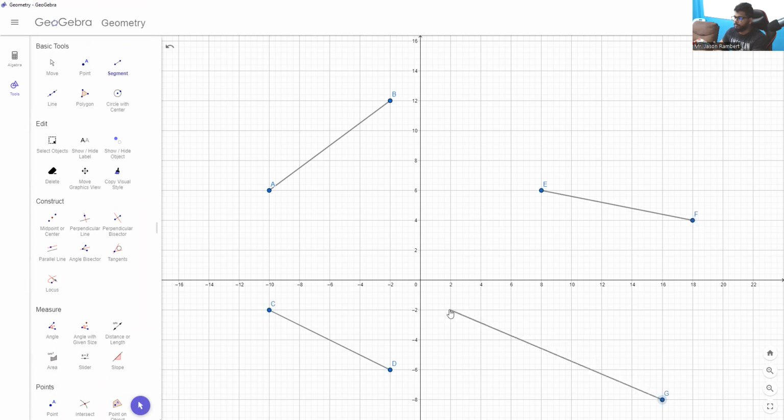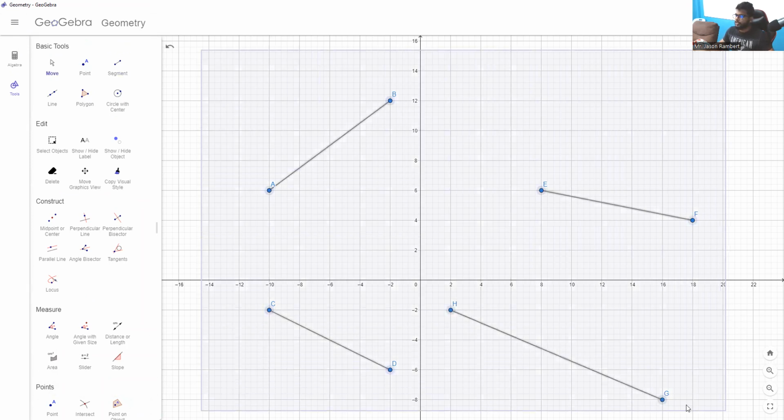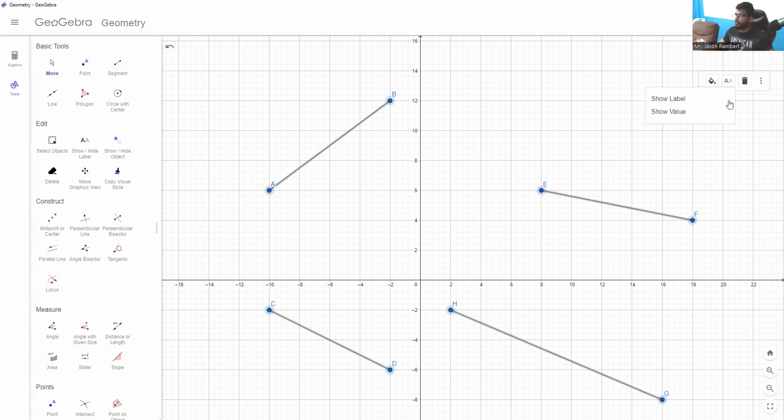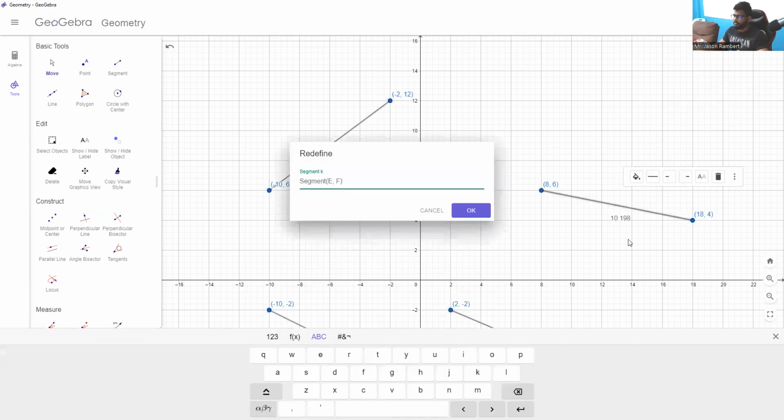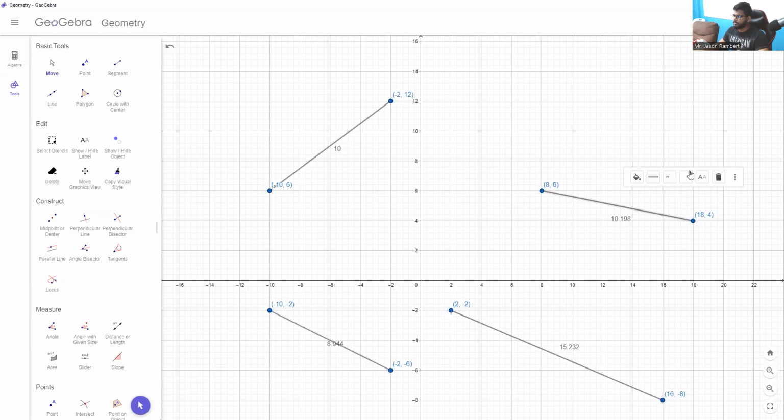Your job is to calculate the equation of all perpendicular bisectors on the lines. Ignore this number, it is the length of the line. All these numbers here are the length of the line, so you can ignore that for now.